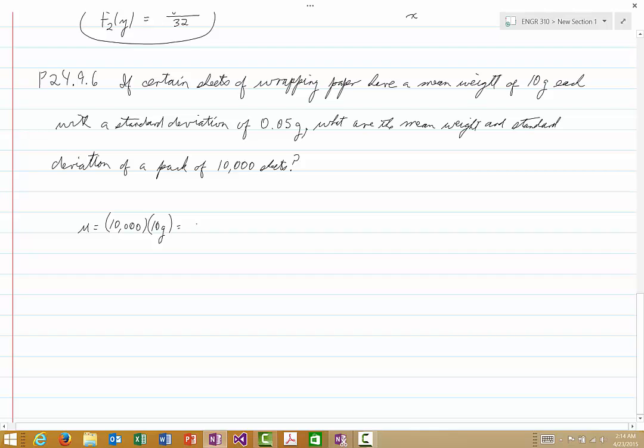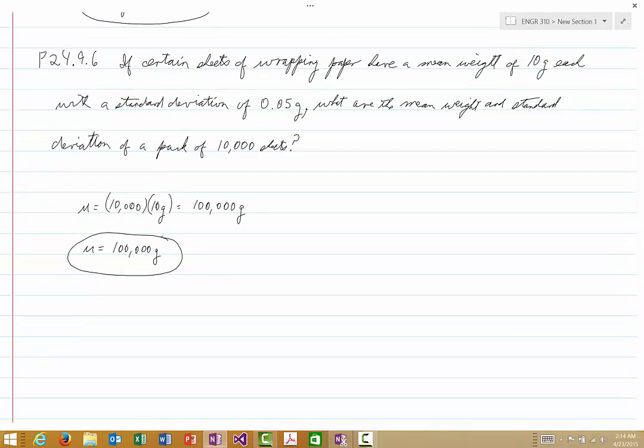So we get 100,000 grams as the mean. Now, what about the standard deviation?